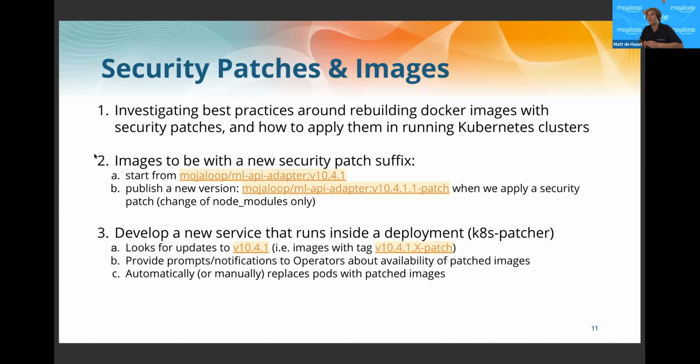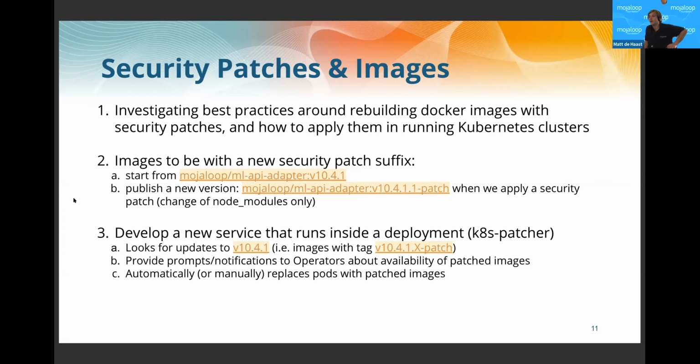So we were investigating the various ways to do this, and there were two parts to it. There was one actually patching the Docker containers, but we also wanted to have a suffix with our new versioning strategy. There wasn't a way to say nicely that we didn't want to do a minor or a patch on the actual LTS, the semantic versioning.